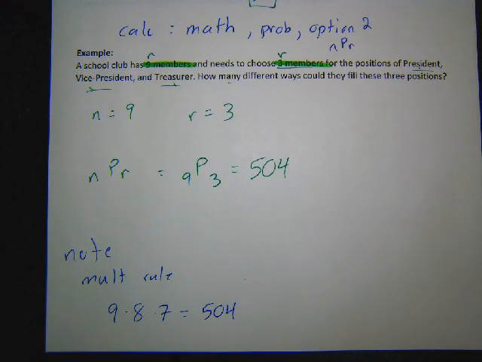Permutations are usually pretty easy to just turn into a multiplication rule question. So I really don't care which way you do it, if you use the permutation or you use the multiplication rule. Just when you're doing the multiplication rule, think about how many things you're picking from and how many you're actually choosing. When picking out of 9 things, only picking 3 of them, the multiplication rule works pretty well.